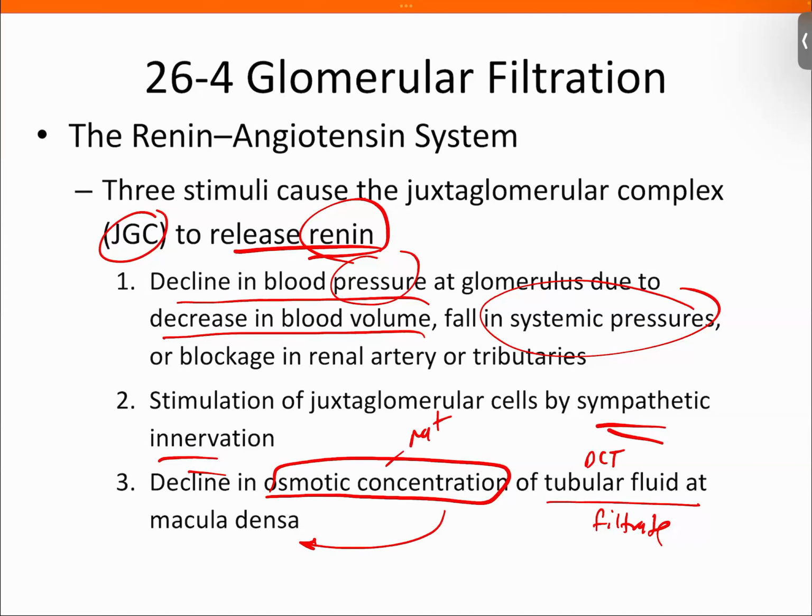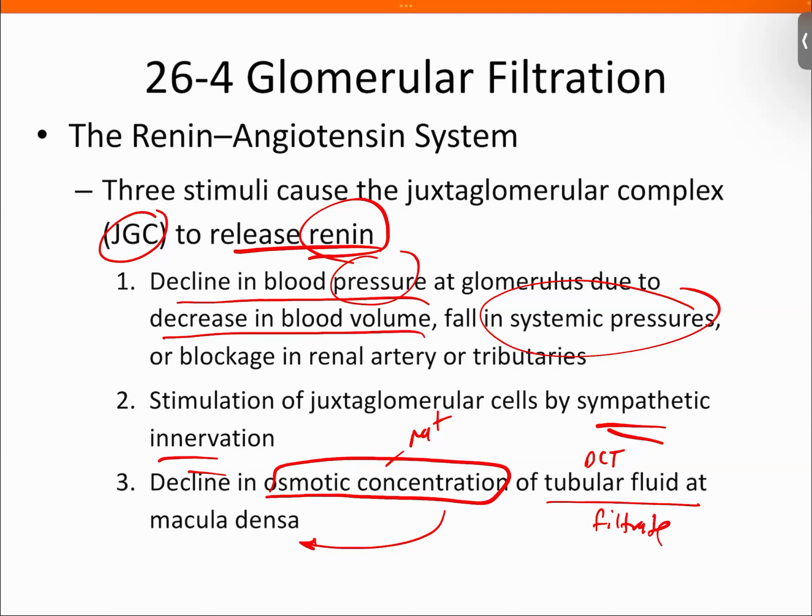And so you have a couple of different things, right? Because the idea here is you have two sensors. You have a decline in the osmotic lure, which would suggest that that's going to ultimately yield a drop in blood volume, because that's going to be unfavorable for water retention. The other thing then is, of course, the direct consequence of that loss of water, which would be the blood pressure crash, right?